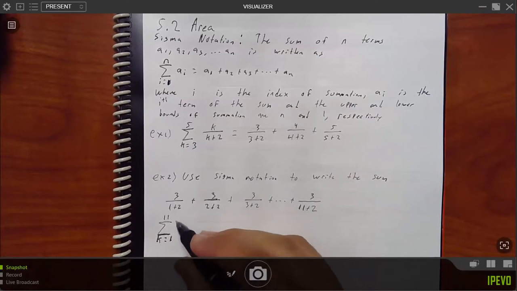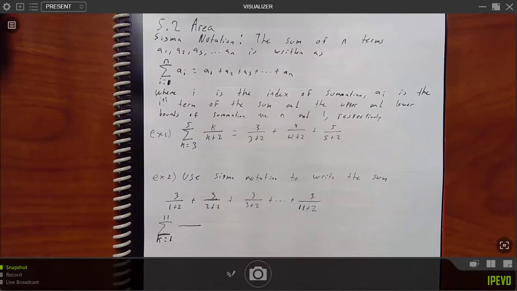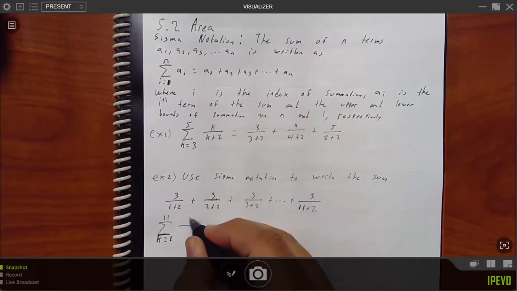So now we need the formula, right? We got the summation part. So what would be the formula? For a fraction, what never changed on this series? The top number. Yeah, so that has to be there, right?